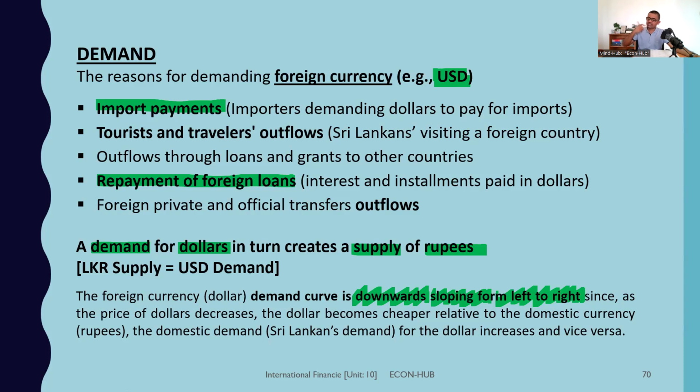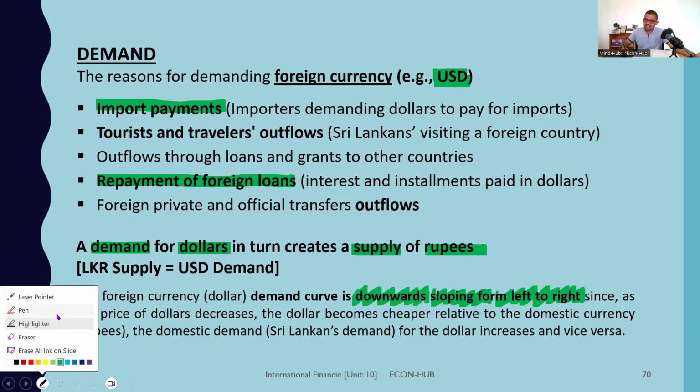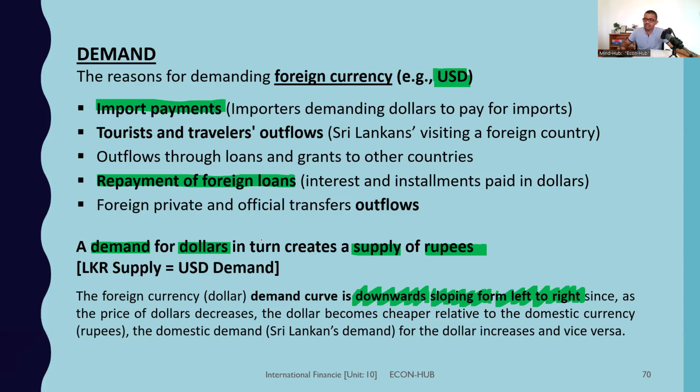Now, what is the relationship we know with, what is implied by a demand curve being downward sloping? Can someone tell me this? What is implied by a demand curve being downward sloping?